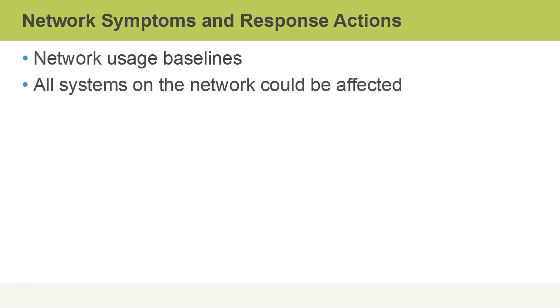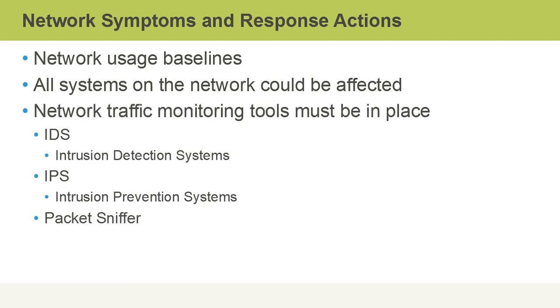Now, all systems on the network, or an individual host or a collection of hosts, could be affected by some kind of network compromise or malware infection. So, therefore, network traffic monitoring tools need to be in place, and they come in many different forms. For example, an intrusion detection system, or IDS, is either an appliance, could be a virtual machine, could be a hardware appliance, or it could be software that we install that detects anomalies and logs it or notifies administrators, but it doesn't do anything to stop it.